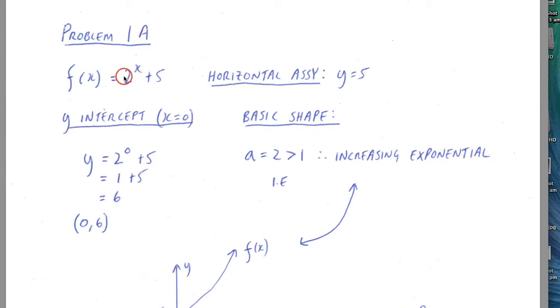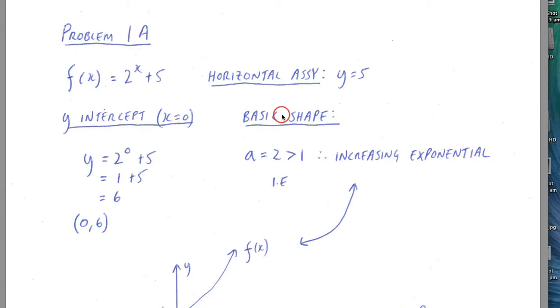And the reason for that is because there's no value that we can substitute for x that will make this first term here equal to 0. Therefore, it's impossible to get y equaling 5. So we have an asymptote at y equals 5. That's the horizontal asymptote. The y-intercept, we just simply need to substitute x equaling 0 into the rule, and we end up producing the point (0, 6).